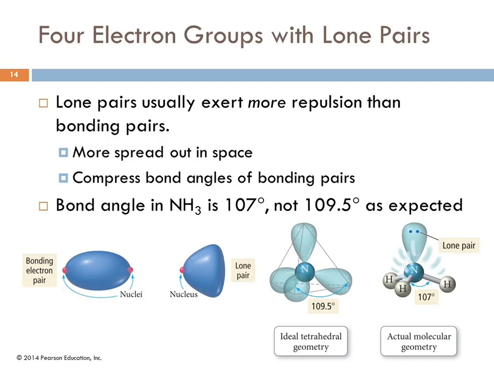Now, I am not going to get into wanting you to know exactly what that bond angle is, but I do want you to recognize that if there is a lone pair, it's going to push the other atoms a little closer together. So you should be able to tell me that this bond angle is less than 109.5. I don't need you to know how much less, but just that it's less. Okay, so the lone pairs take up a lot of space, and they push the other guys a little bit closer together.